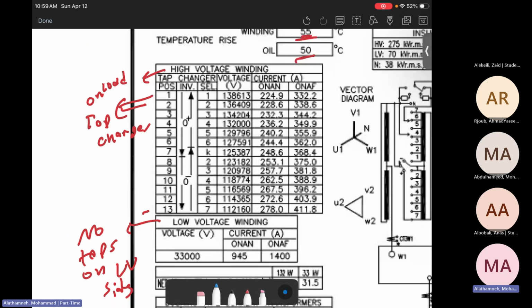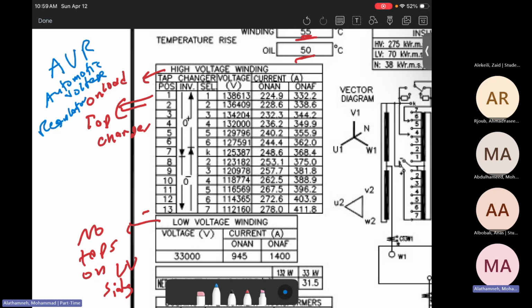Through something we call the AVR, which is the automatic voltage regulator. So the AVR will switch between the taps automatically without human control.